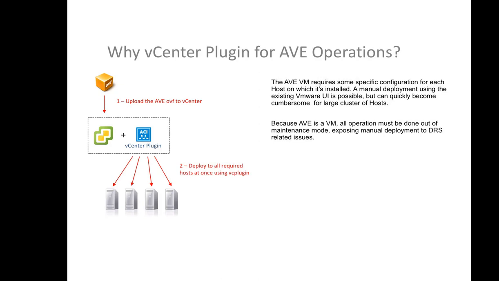So basically you take the OVF file and you put it in the content library of vCenter. vCenter 6.0 and higher has this thing called the content library where you can put in the OVF files and then deploy them. And then you use the vCenter plugin to go ahead and push them to all the different hypervisors.